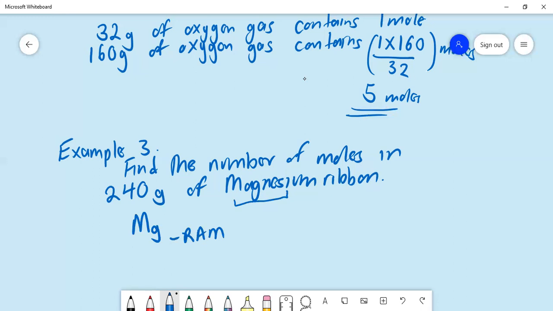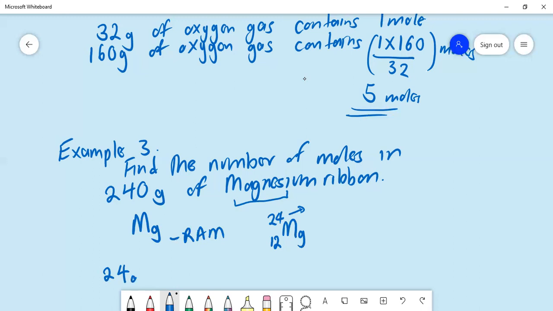What is the mass of magnesium? 24. Very good, 24. Because from its notation, we have magnesium 24 up and 12 down. But we take the mass number. Therefore, 24 grams will always be in 1 mole.